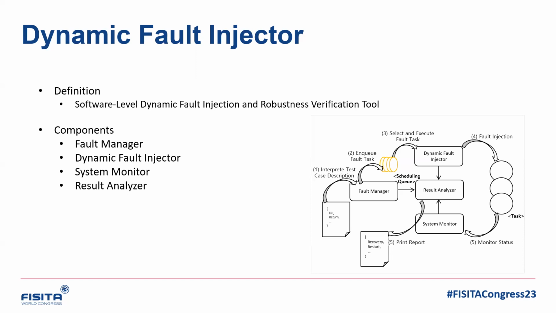The third module, the system monitor, monitors state changes before and after fault injection and any abnormal symptoms. And the fourth module is the result analyzer, which collects output from each component and generates a final report. Detailed information about each module will be explained in the following chapter.